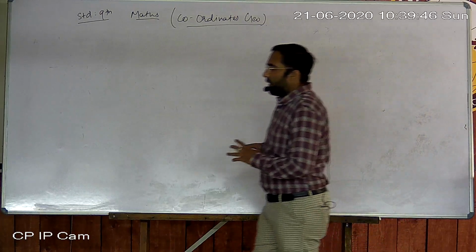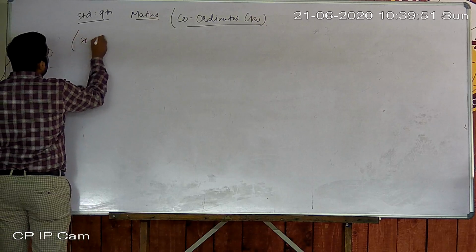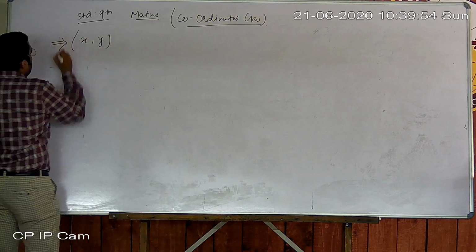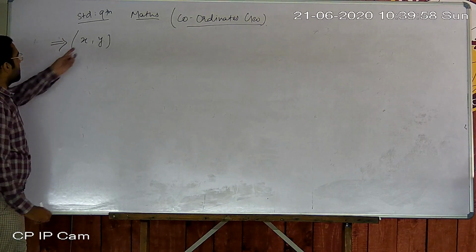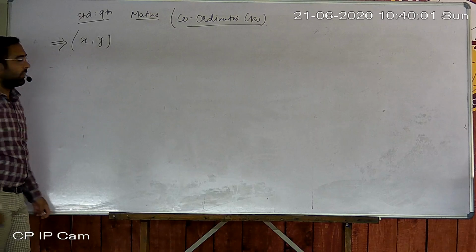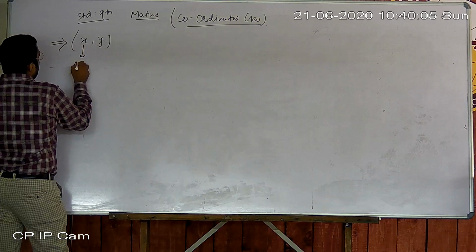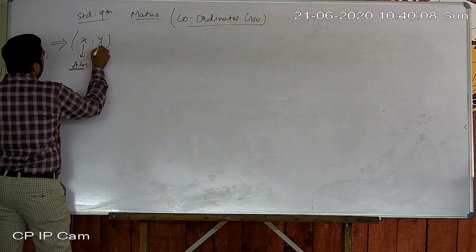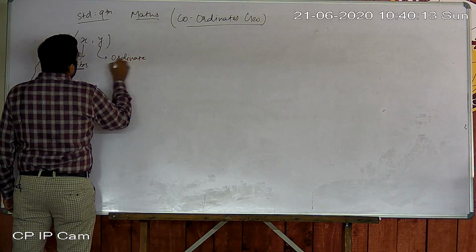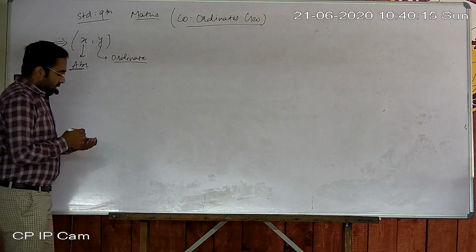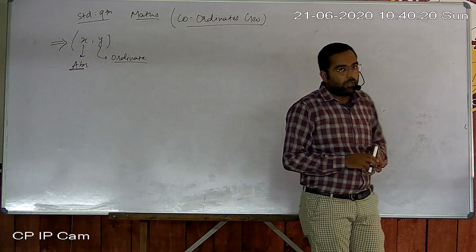In the graph you have to plot a point in the way of x comma y. For the x we say abscissa, and for the y we say ordinate.